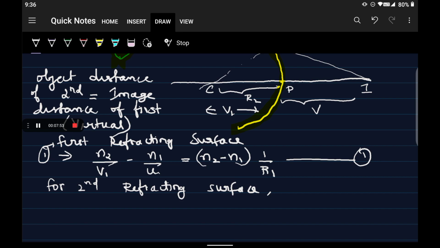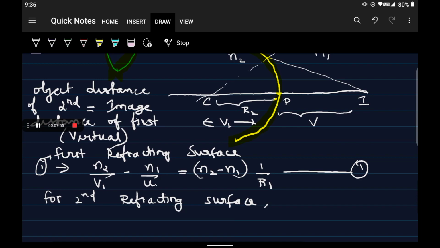Here, instead of N2, the final image is formed in N1. So I can just write N1 by V, where the final image distance is V for the second refracting surface, minus N2 by the object distance V1, which is equivalent to N1 minus N2 into 1 by R2.